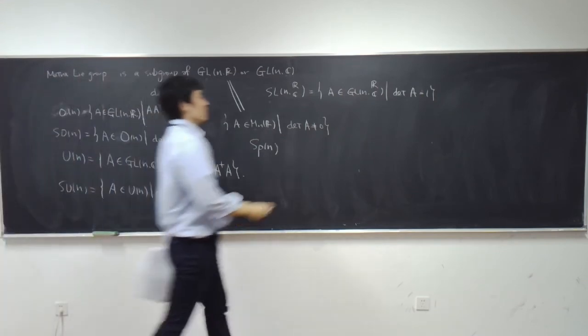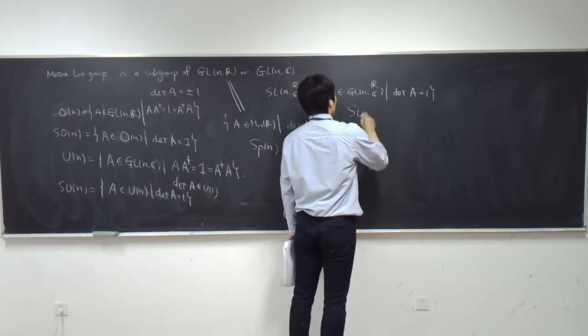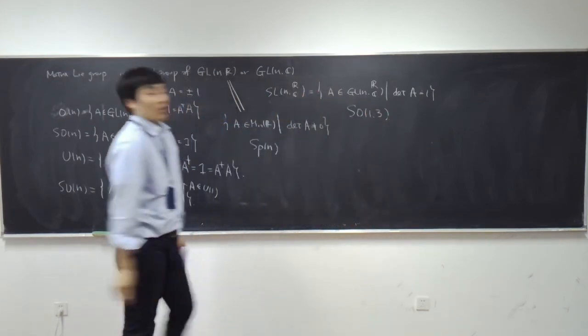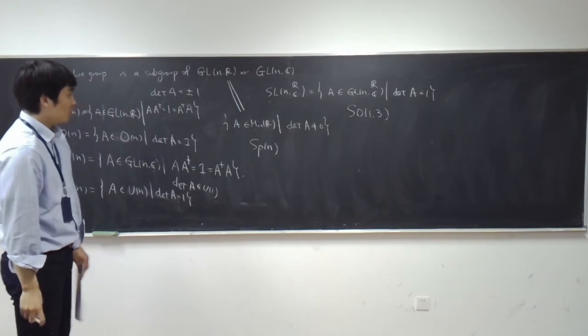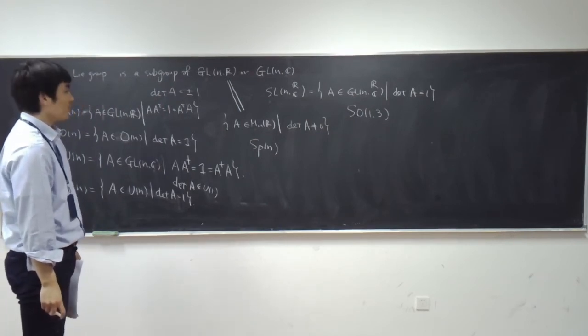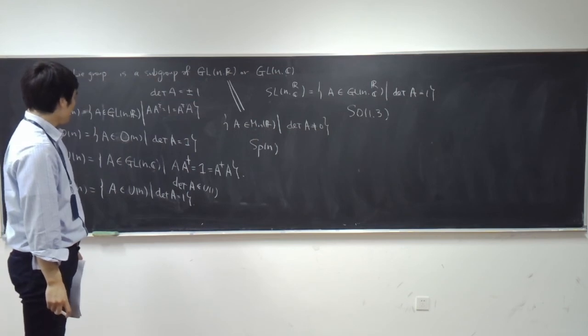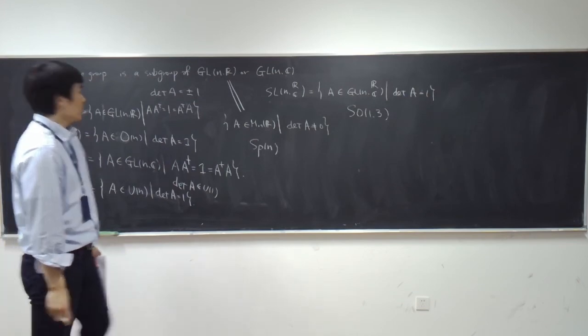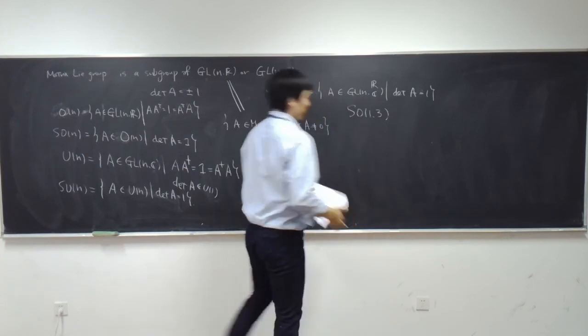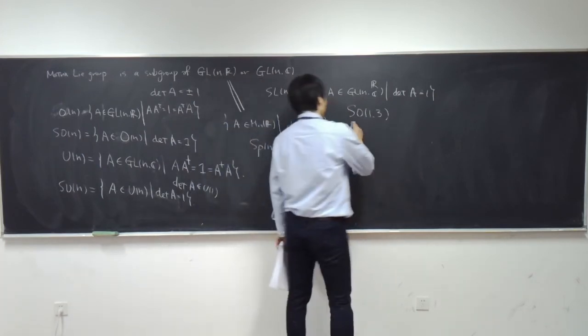And for instance, SO(1,3) is the Lorentz group. I didn't explain, okay, Minkowski signature. So this is the Lorentz group.